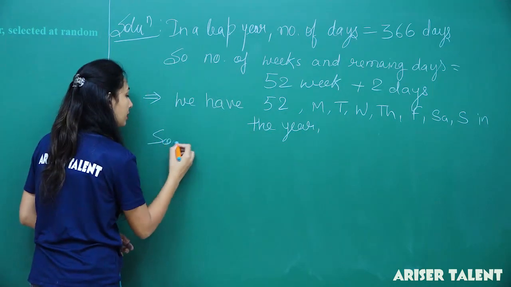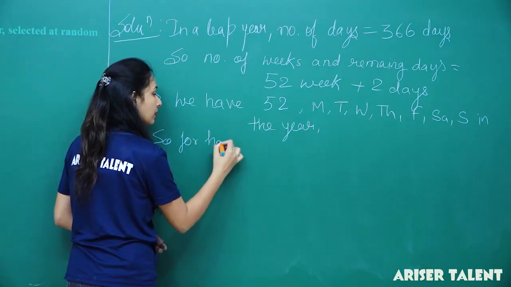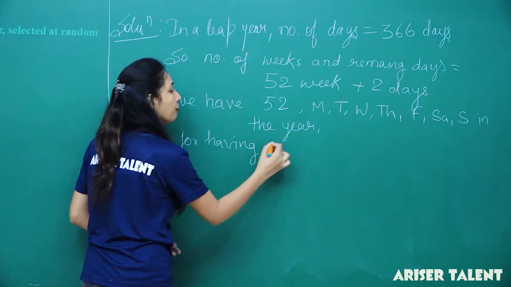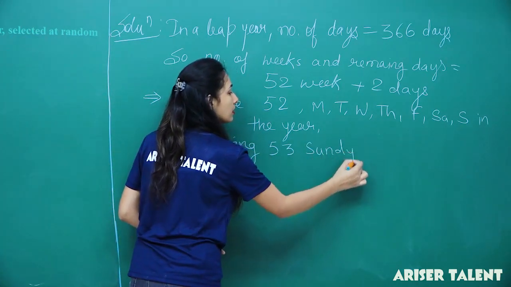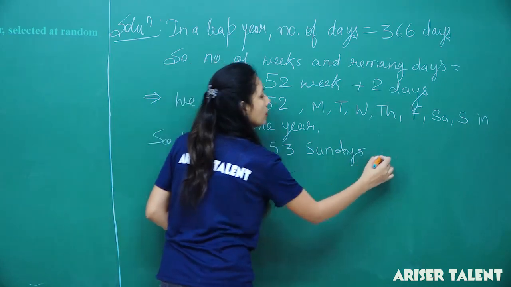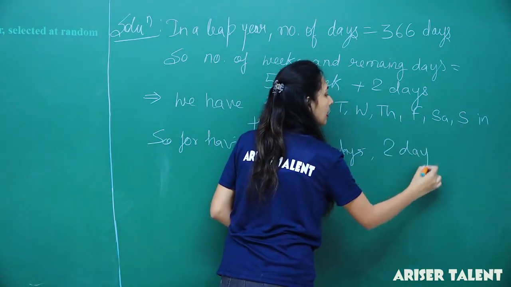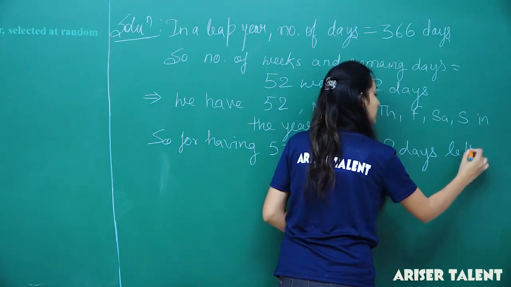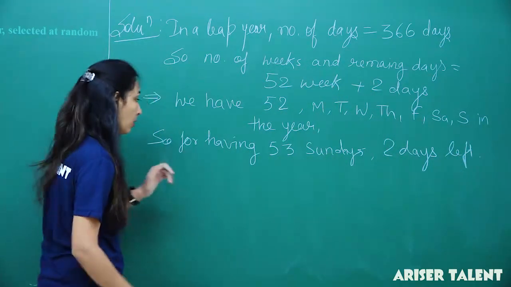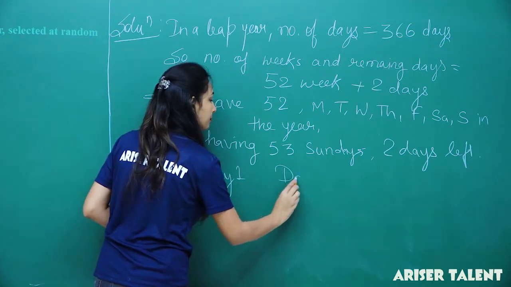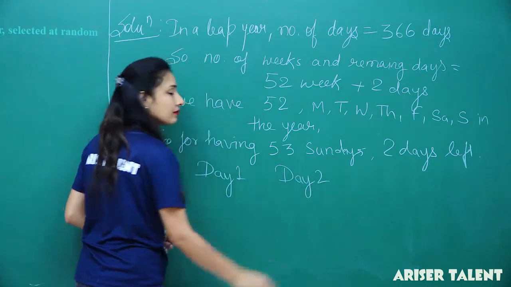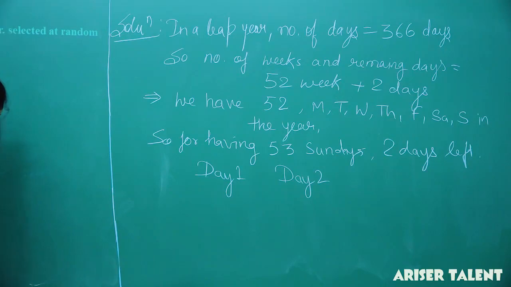So for having 53 Sundays, 2 days are left. Now day 1, day 2. Possible cases I am talking about.